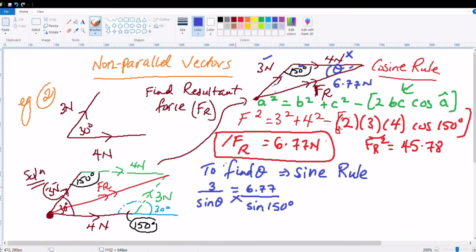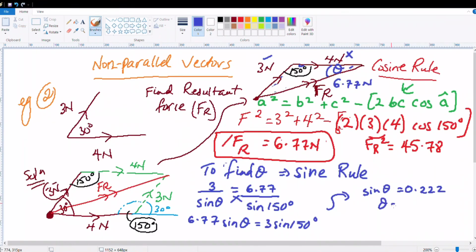Of course, when we cross multiply, we will get 6.77 sine theta equals 3 sine 150 degrees. That being said, sine theta is of course 0.222.